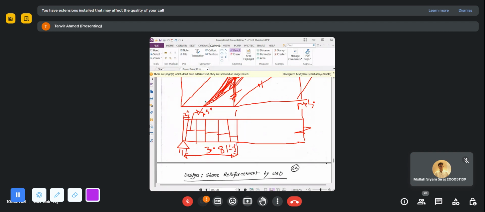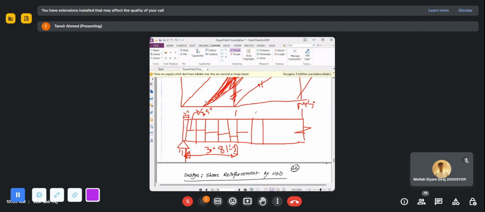3.81 feet -2 inches, up to this distance. That means this space, first my first spacing is at 2 inch distance, then within the distance of 3.81 feet -2 inches we will provide 4.5 feet, and then after that we will provide the maximum spacing up to which we require to provide the stirrup.